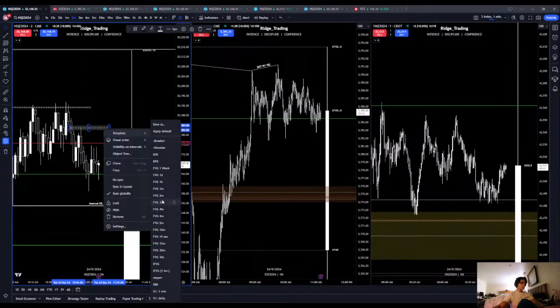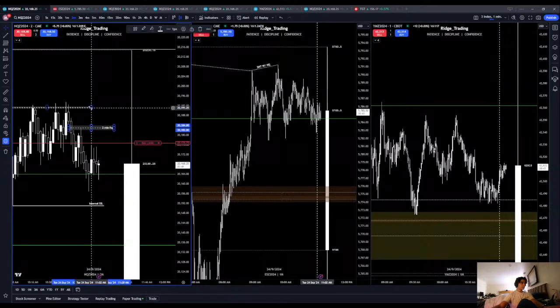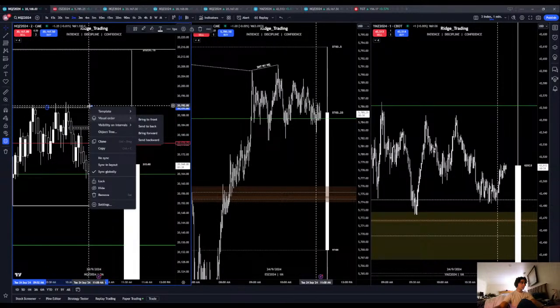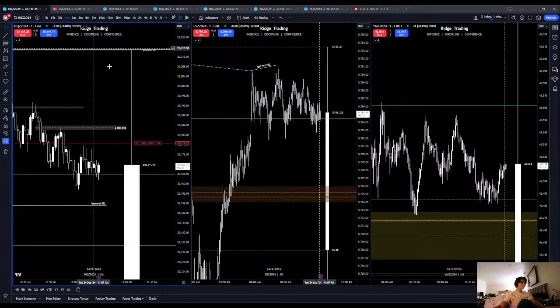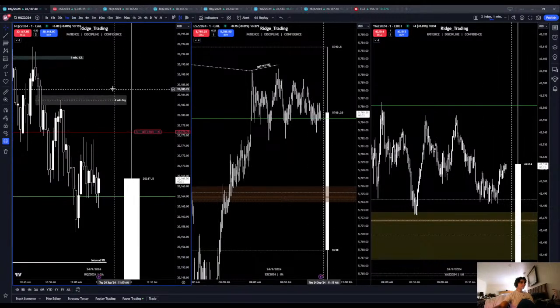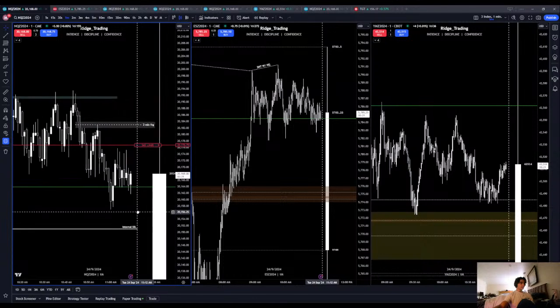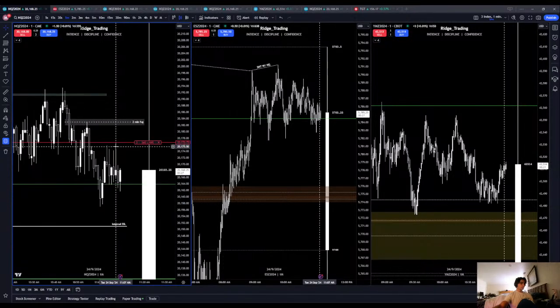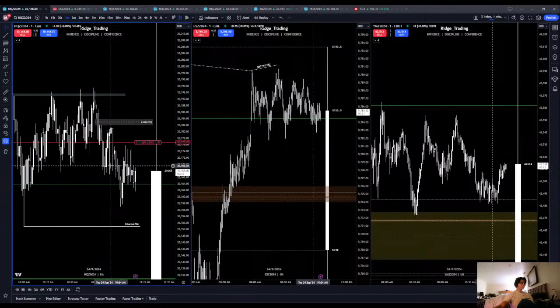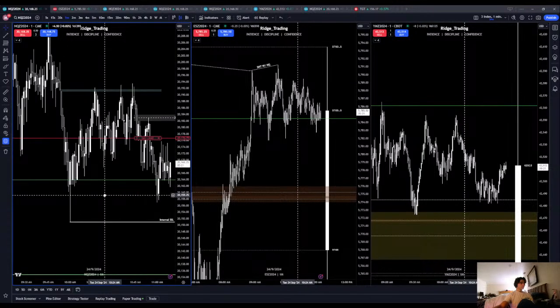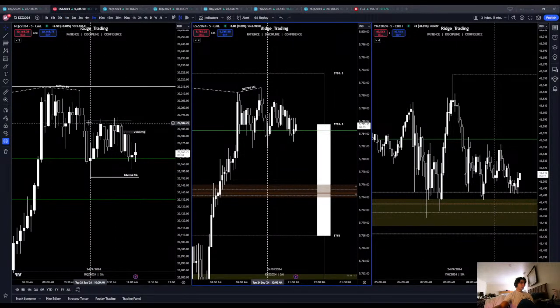Label this as a 2-minute fair value gap because that's what that is. We'll label this as our volume imbalance on the 1 minute here. Cool. So now you can see everything pretty clearly here. We also have this 1 minute fair value gap here. And this is also a 5-minute fair value gap here that also held.